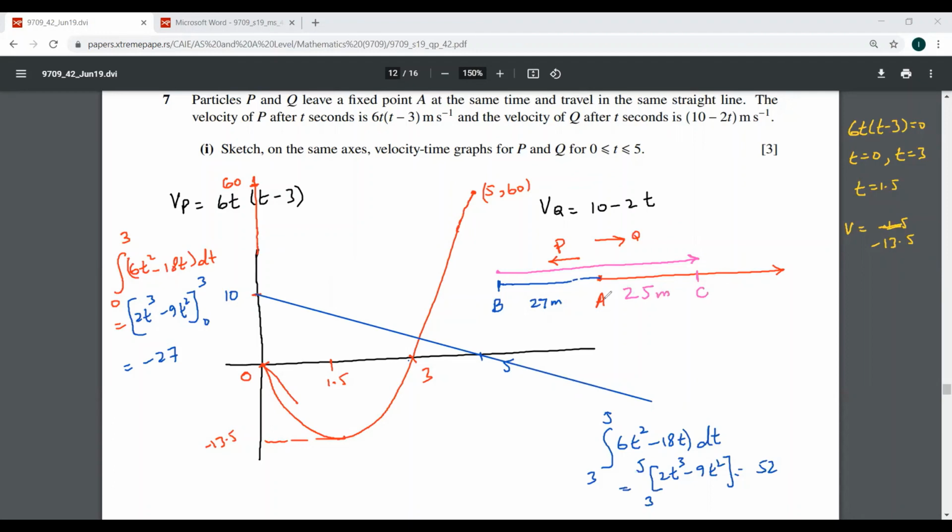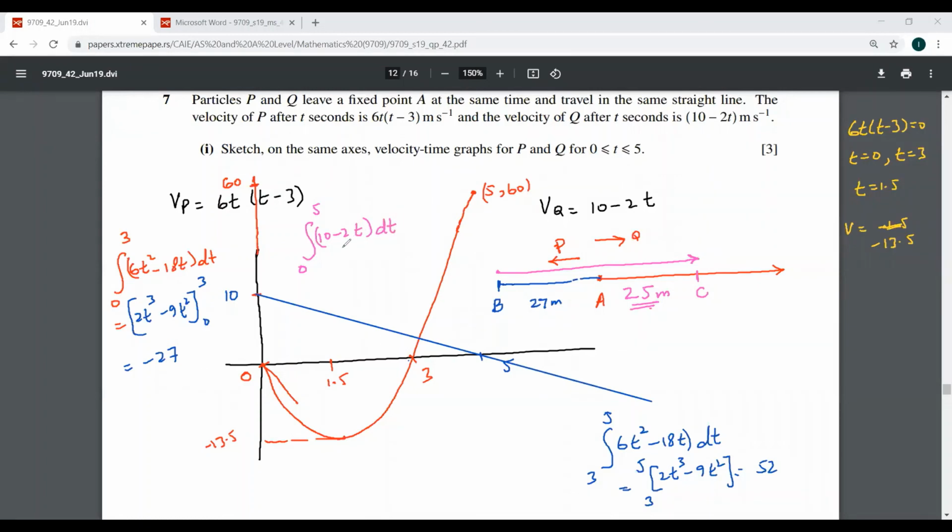So if they have to meet at 5 seconds, this particle Q should also have covered this distance 25. I'm sorry, I'm going to use this area over here to show that. So for this particle Q, this would be limit from 0 to t, or limit from 0 to 5, and this is 10 minus 2t dt.